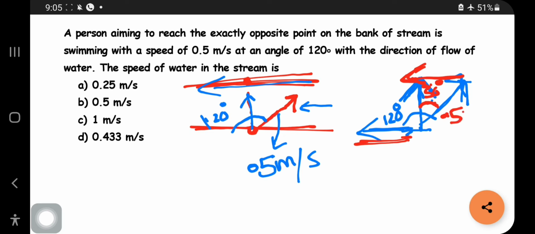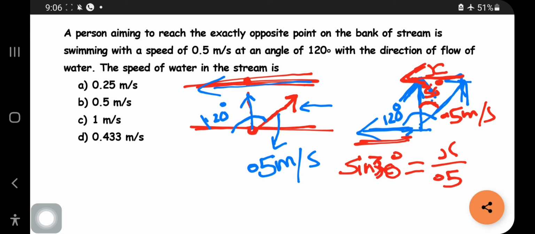So this is 0.5 meter per second. So for this vector x, if we take sine 30 degree, it will be equal to x by 0.5. What is sine 30 degree? It will be 1 by 2. So 1 by 2 into 0.5 is x, which makes the answer 0.25.